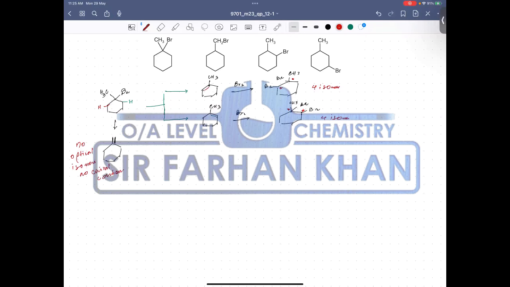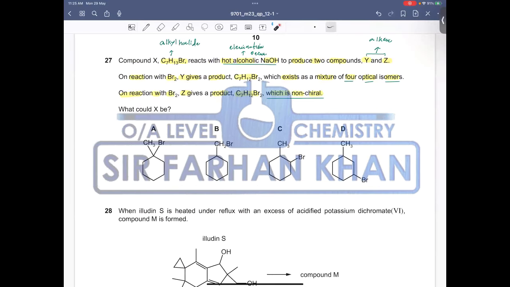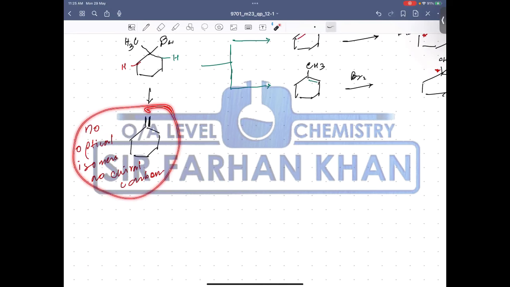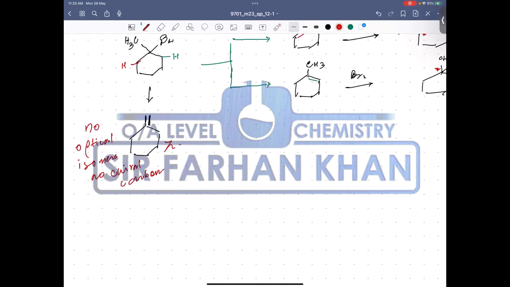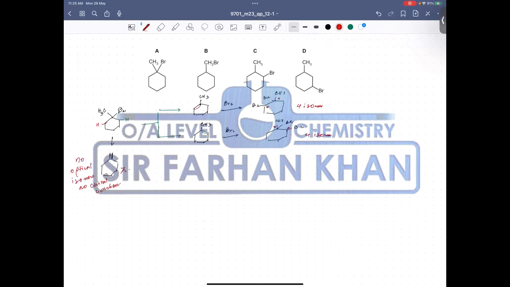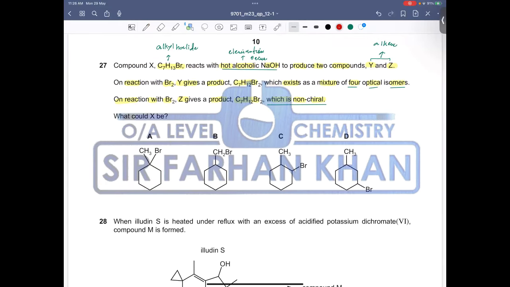Why? Because on reaction with bromine, Z gives a product which is non-chiral. So this is your Z, which is non-chiral. Option A gives you this answer, which means option A is the right answer, because these give you 4 isomers and also a non-chiral product. So I think A is going to be the right answer.